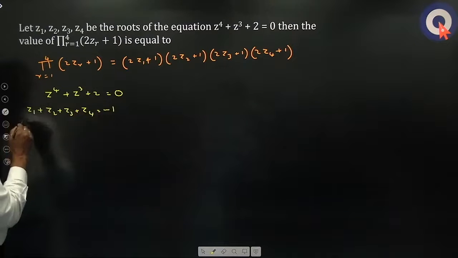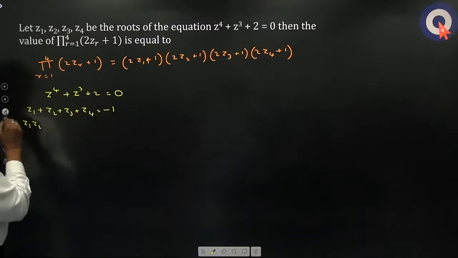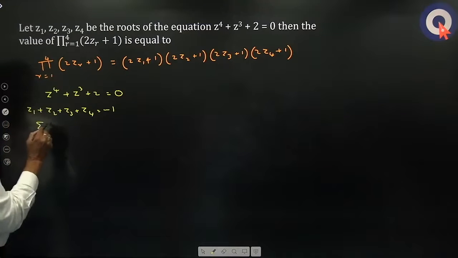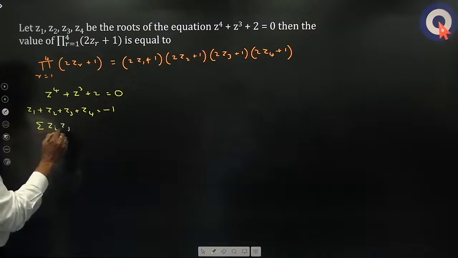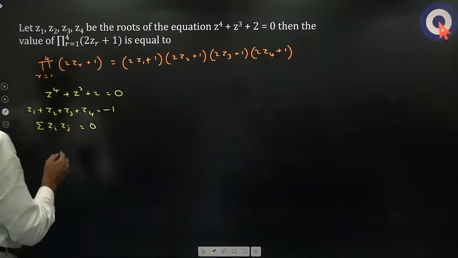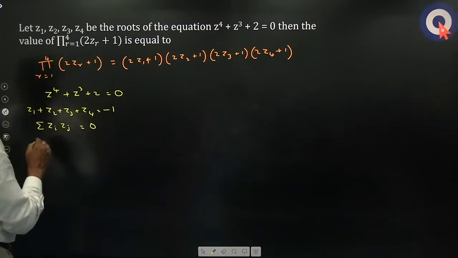Next, the sum of the products taken two at a time, sigma zi zj, is 0 because the z square coefficient is 0, and taken 3 at a time is also 0.